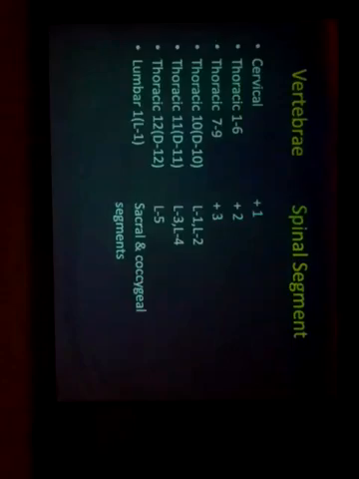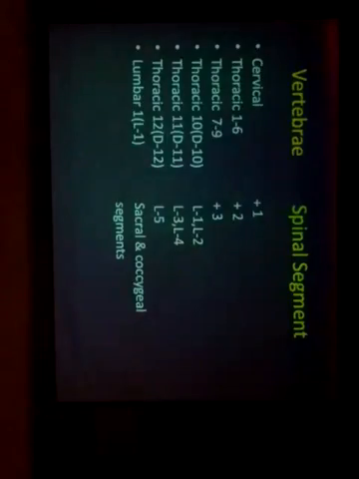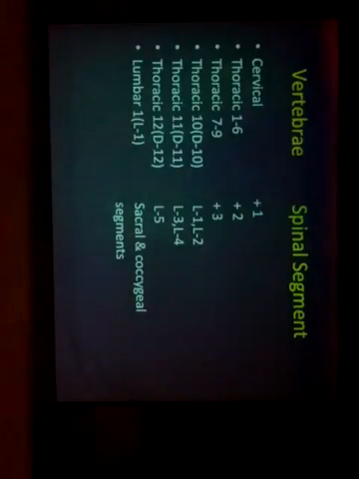I hope you understand that. The formula to remember is, in the thoracic spine, from thoracic 1 to 6, add 2. If you feel there is a disease at T5, then the dermatomal level will be T7.